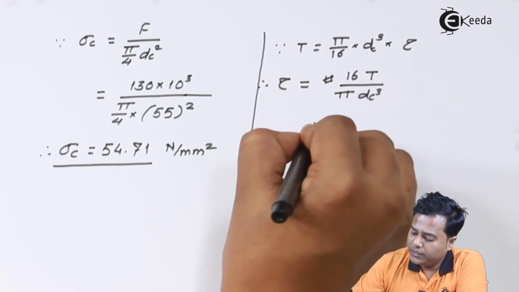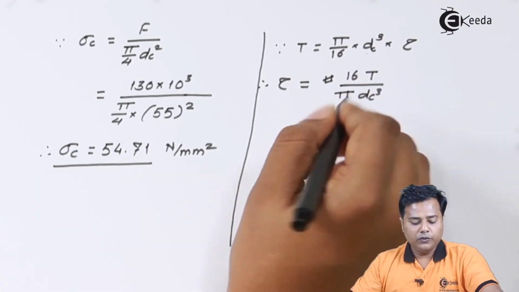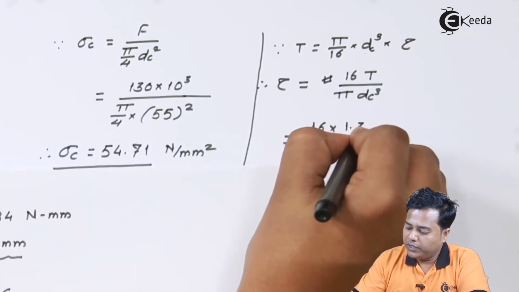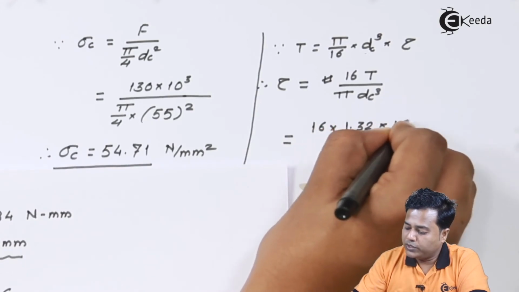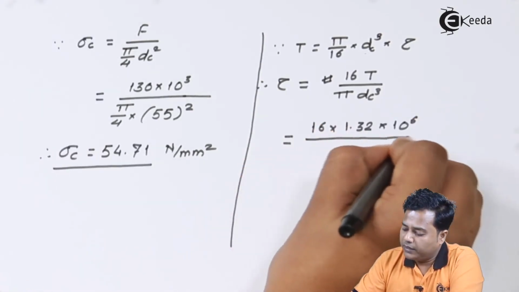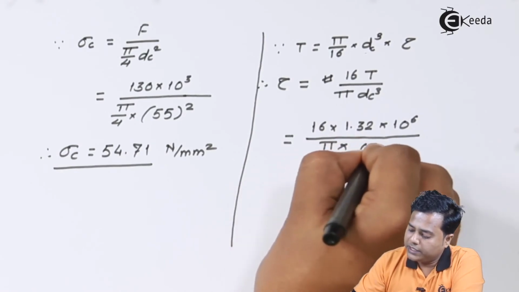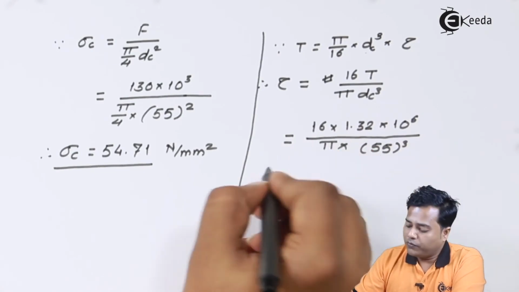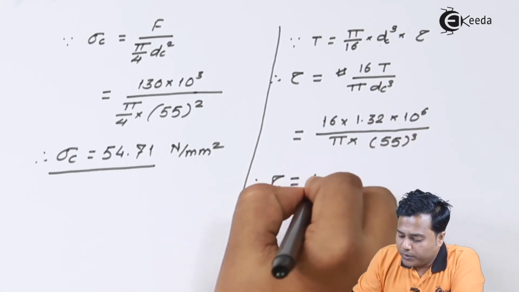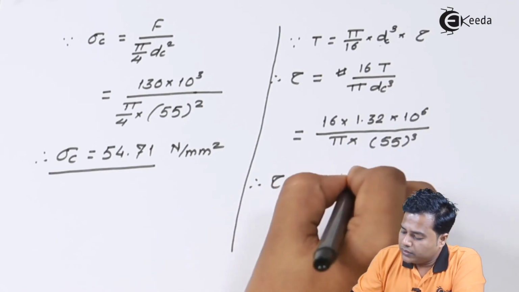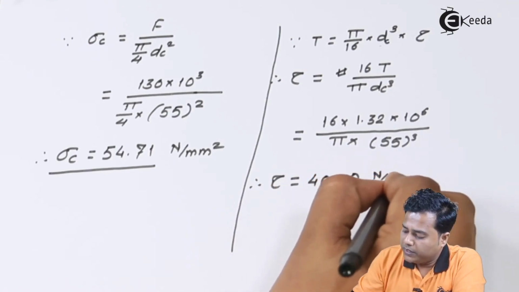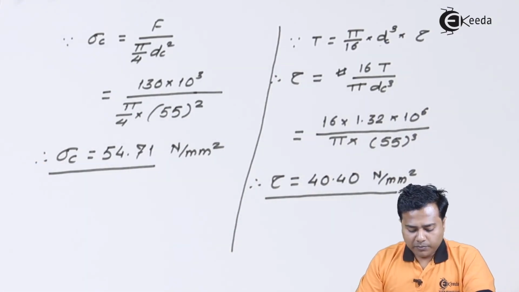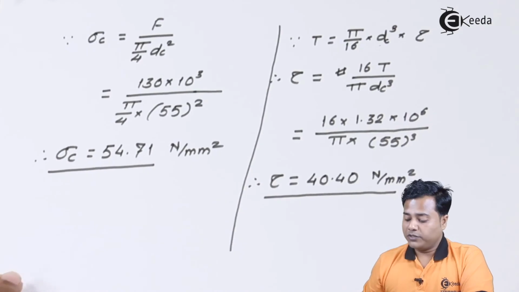Here substitute the values: 16 into the torsion value which we have found out, so it is 1.32 into 10 raised to 6, divided by pi into dc cube, 55 cube. Make sure that all the units are in the same format. So the value of tau comes out to be 40.40 Newton per millimeter square. This is the induced shear stress. Now, using the combined stress theory, we can go for the principal stresses.